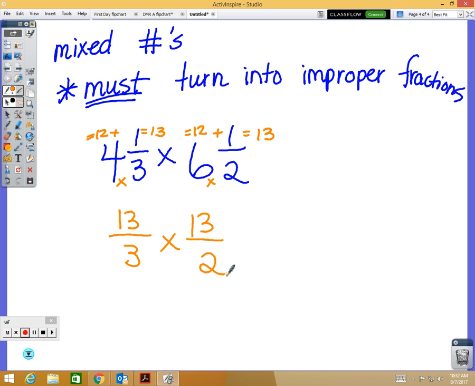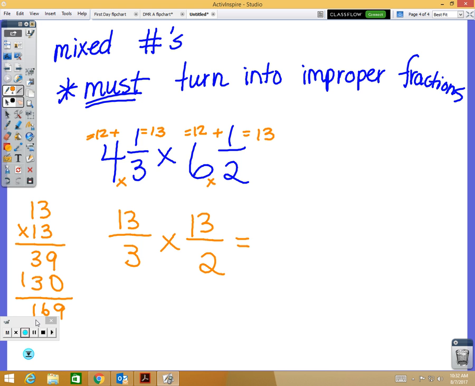So now I need to just multiply 13 times 13. Does anyone have that one memorized by any chance? You do? Very good. It is 169. If you don't have it memorized, remember, you can always go old school and work it out over here. No one really likes to do that. Or maybe you do. Who knows?